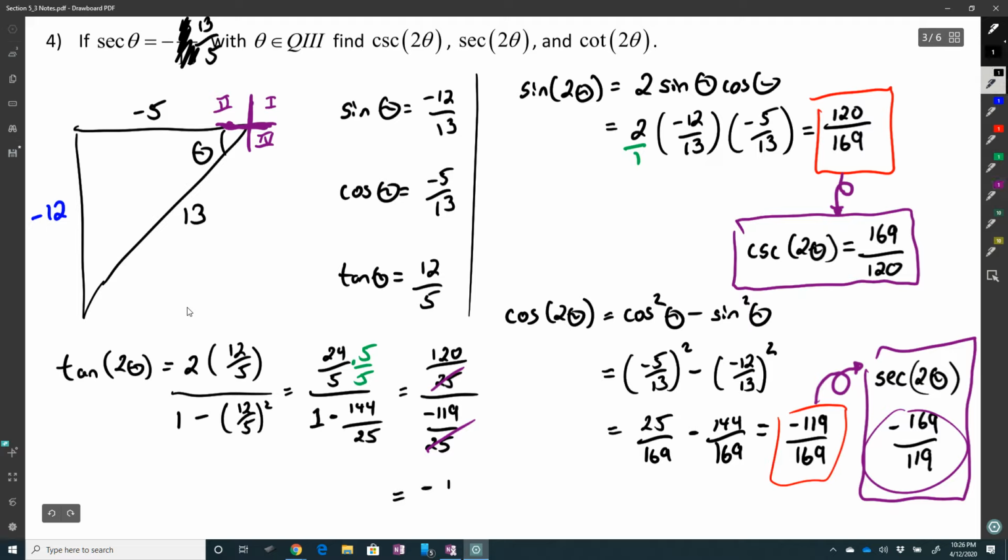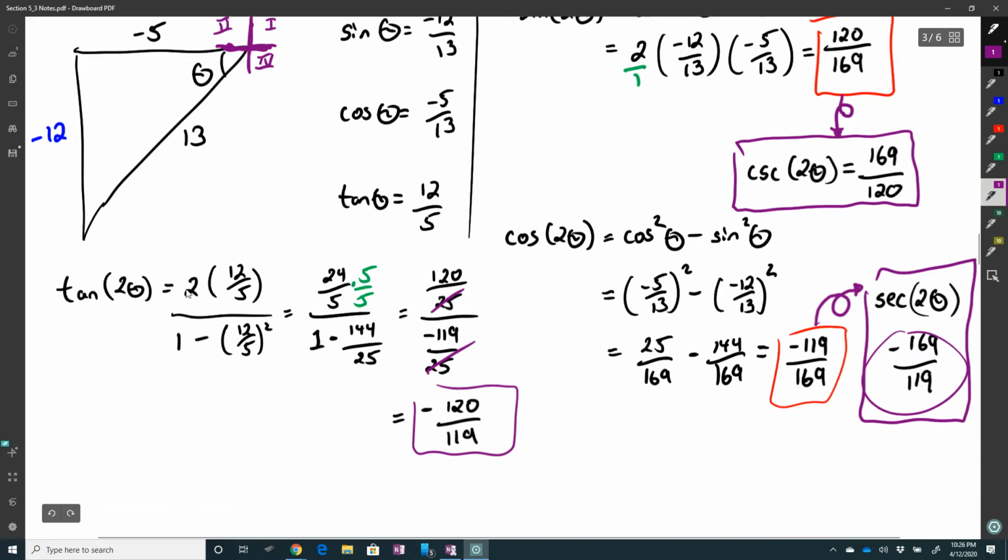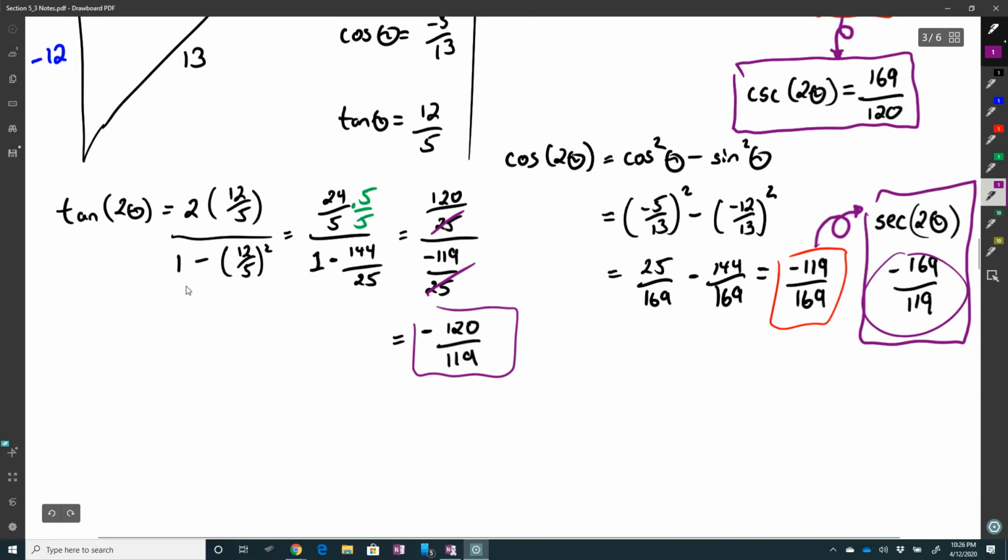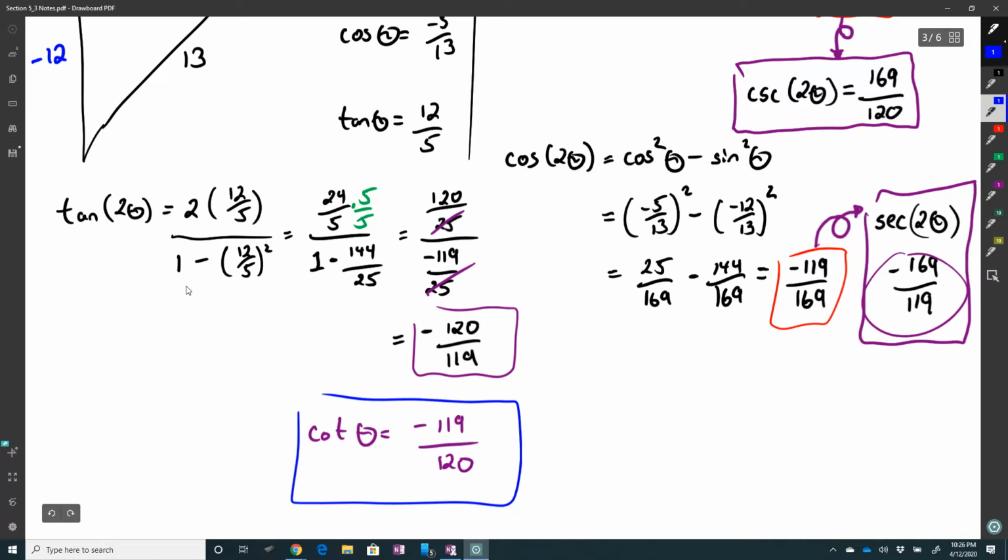So this is negative 120 over 119. But then again, we flip it, and that gives us cotangent, negative 119 over 120. There you go. All 3 worked out.